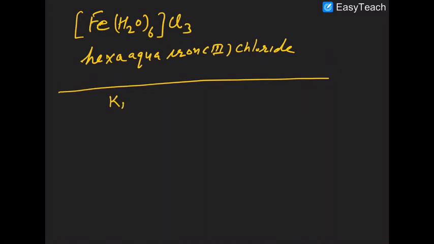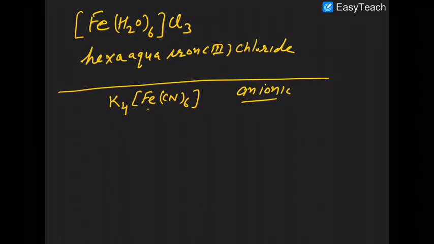It is K4 Fe(CN)6. So here iron is in the anionic complex. It is the first case where the anionic complex is there. So first you find the oxidation state of iron, that is +2 in this case.